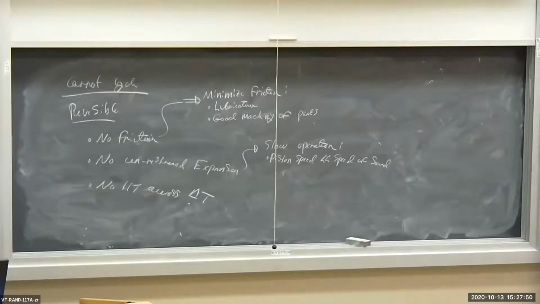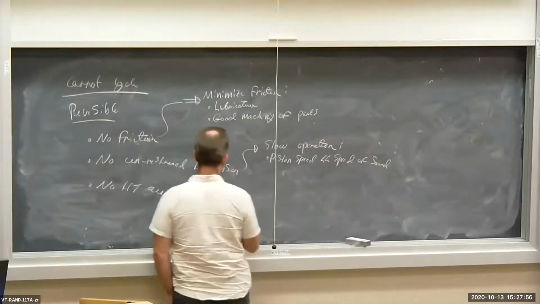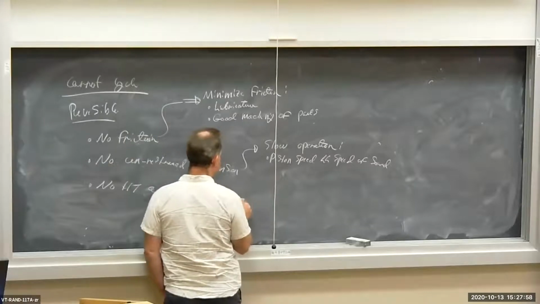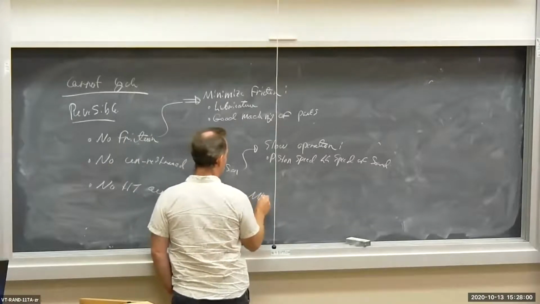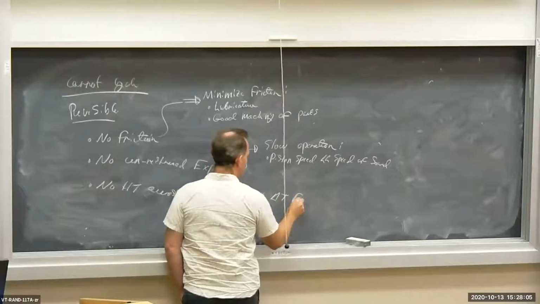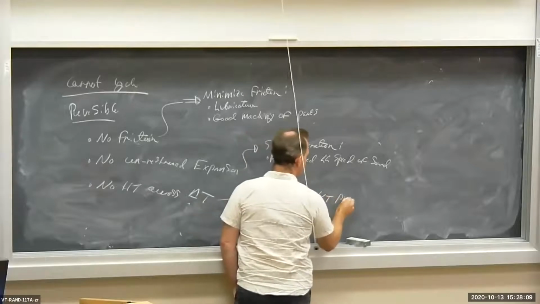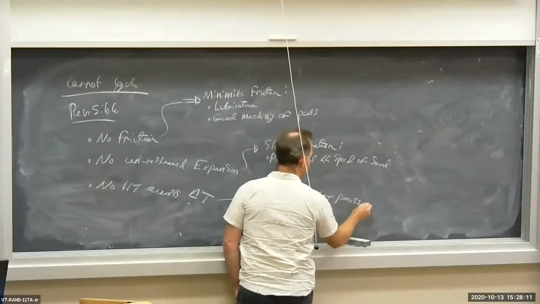No heat transfer across a finite temperature difference. What this really means is we have to minimize temperature differences, min delta T, for heat transfer processes.